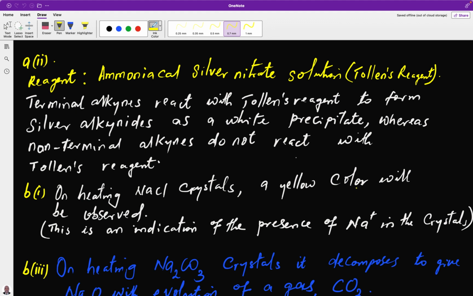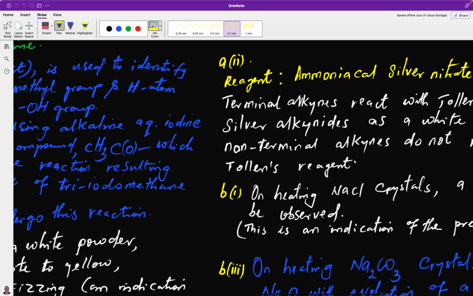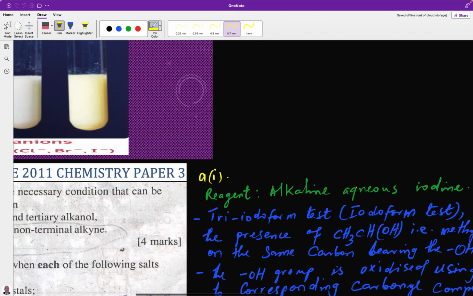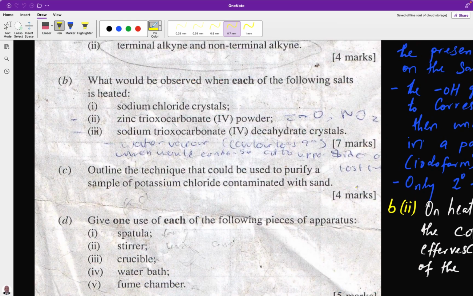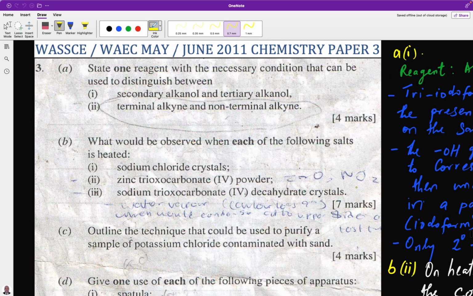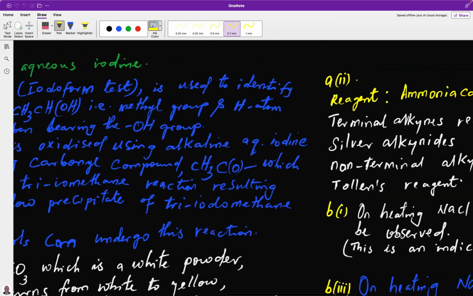Ammoniacal silver nitrate solution, or what we call the Tollens reagent. This is the reagent that is used to distinguish between the terminal and the non-terminal alkyne. That is the only reagent that can be used for that.